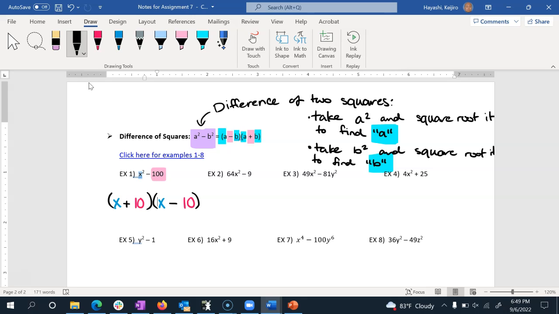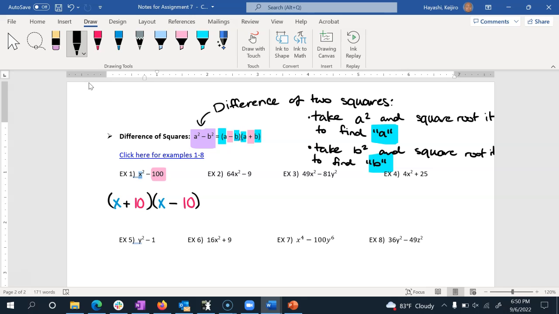You might notice that there's no x term on here, so there aren't a lot of people who really like to think of it this way, but you could think of it as trying to find two numbers that multiply to negative 100 and add up to 0, since there's no x term.